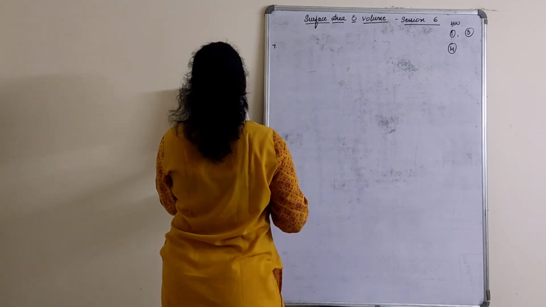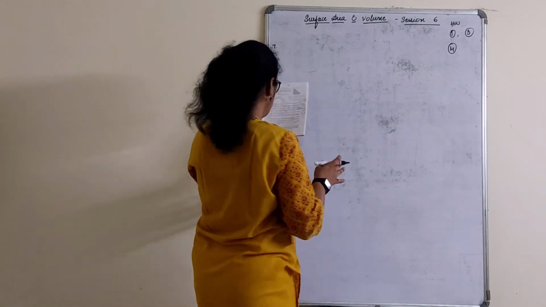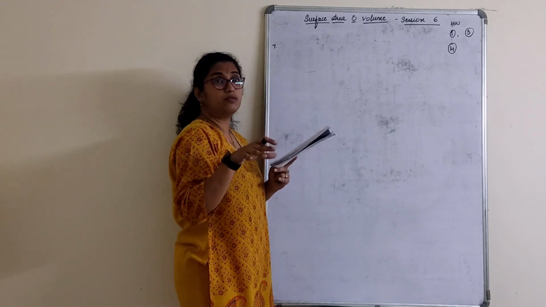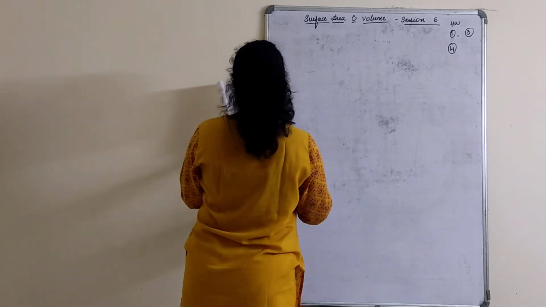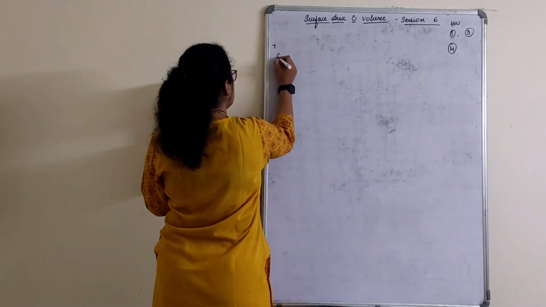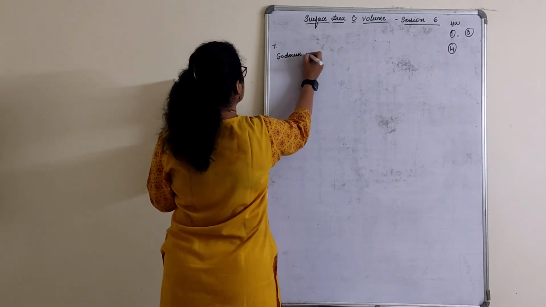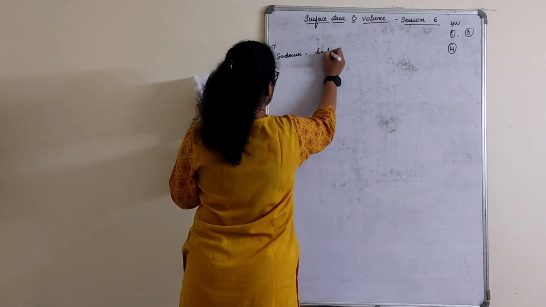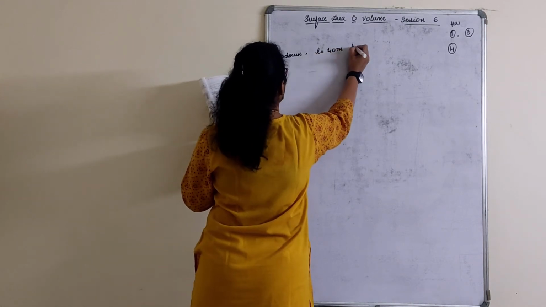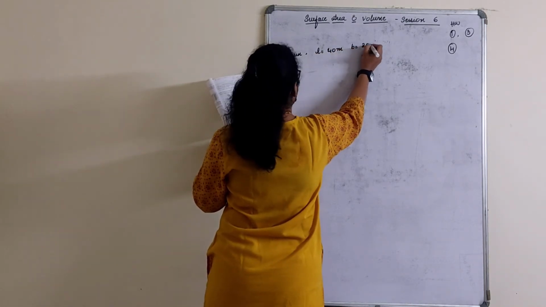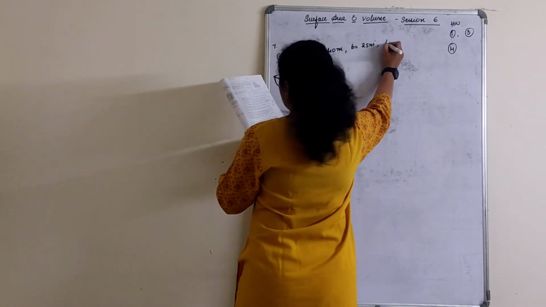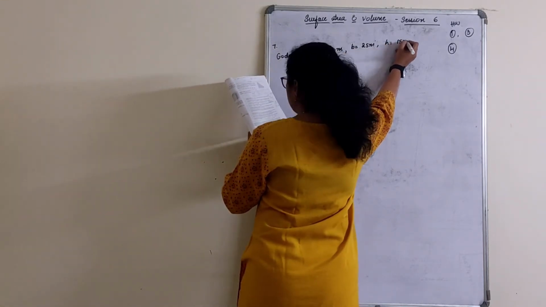Seventh one: a godown measures, that means a godown room is a cuboidal shape. So godown I will write here, whose length is 40 meter, breadth is 25 meter and height is 15 meter.